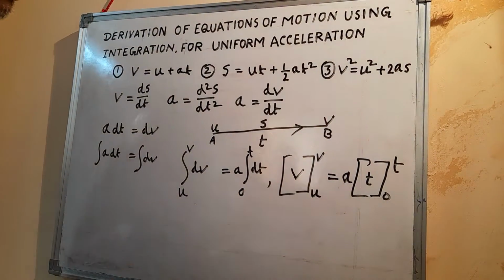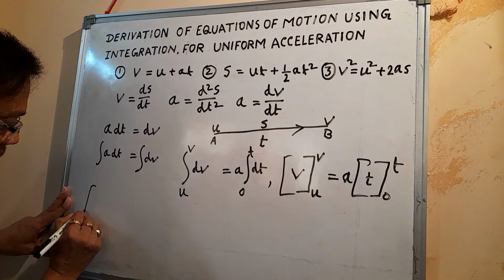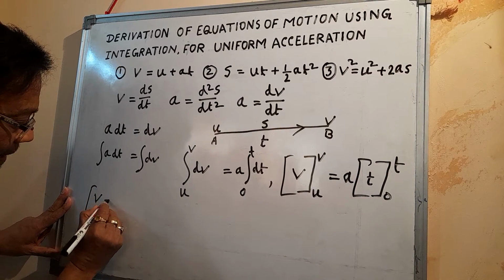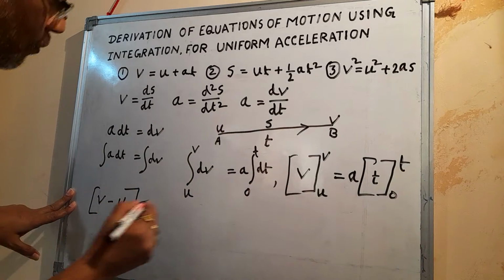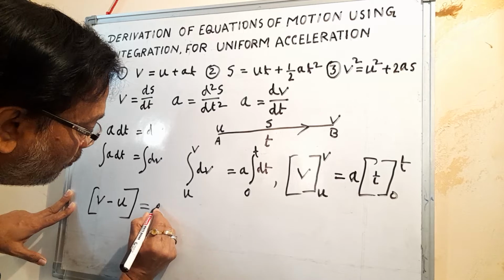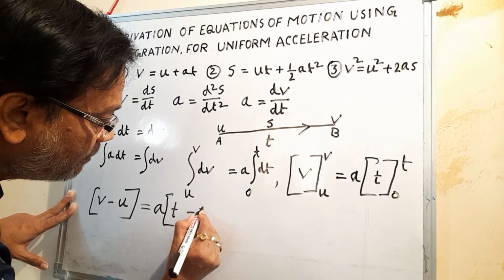So we get v minus u equal to a times t minus 0.